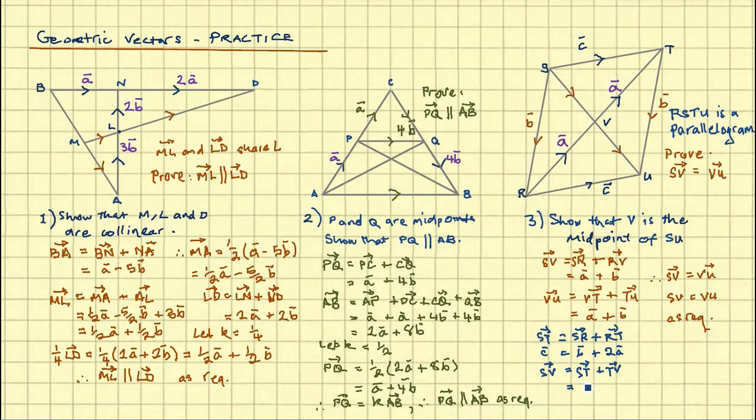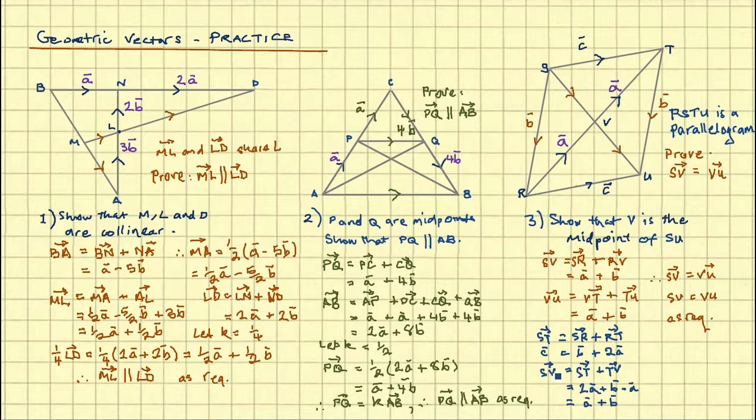So S to T, we've got that here, that's B plus 2A, so I'm going to just commute it, 2A plus B. And T to V, well, that's the reverse of V to T, and V to T is A, so it must be minus A. That gives us 2A minus A plus B.